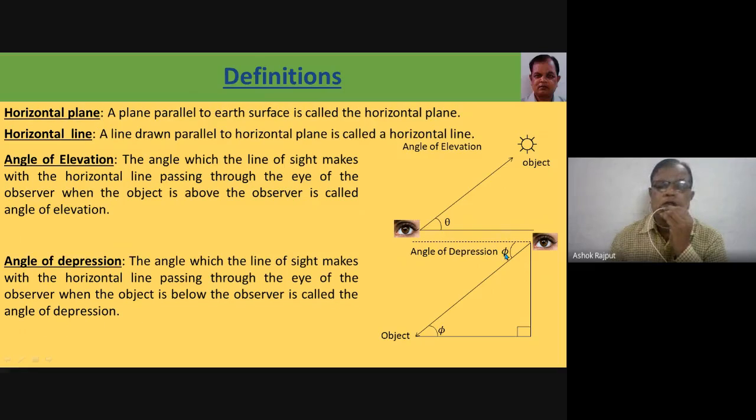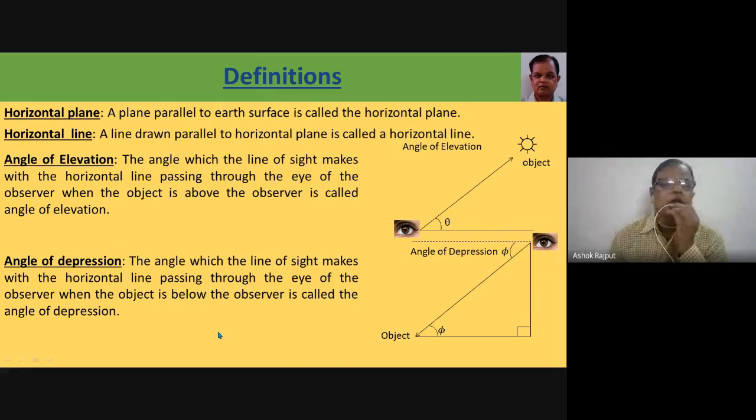As we are seeing here, the object is here and the eye is upward, so we are seeing just under. So it is the angle of depression because it is a downward angle. It is upward, it is downward.